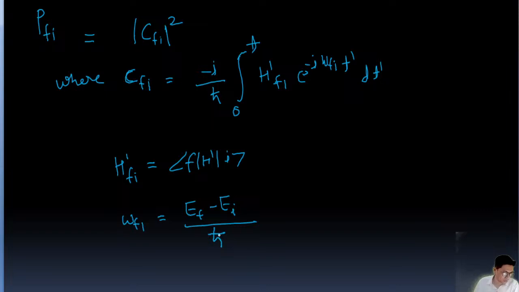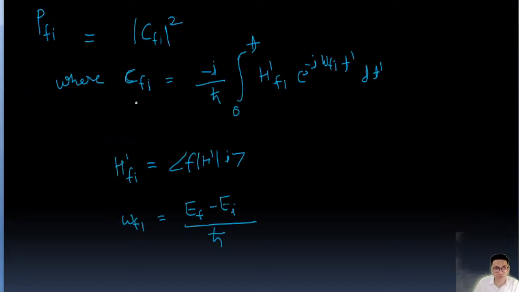So now the value of Pfi is going to be the transition probability. Pfi is going to be the mod square of minus i upon h cut, because this is Cfi, right?